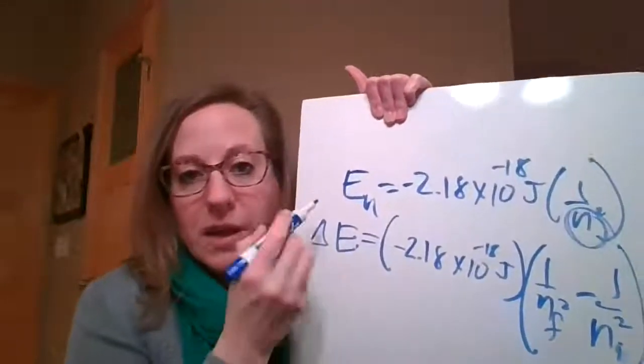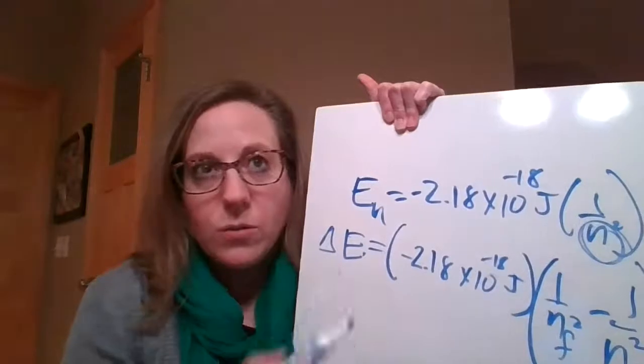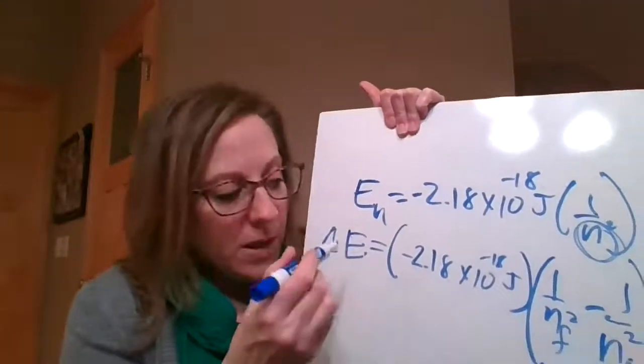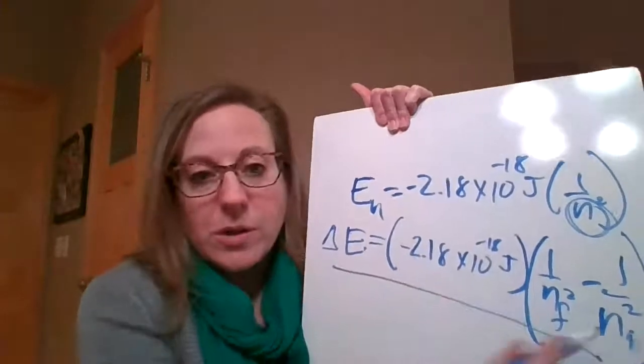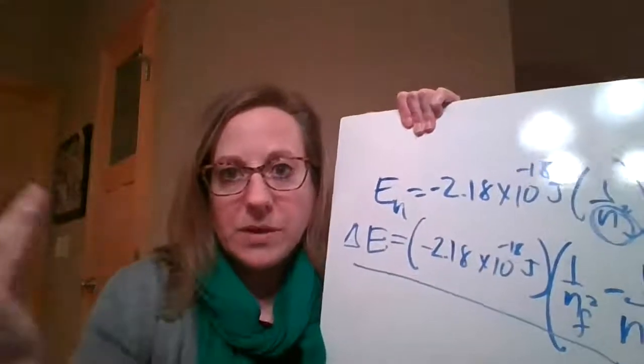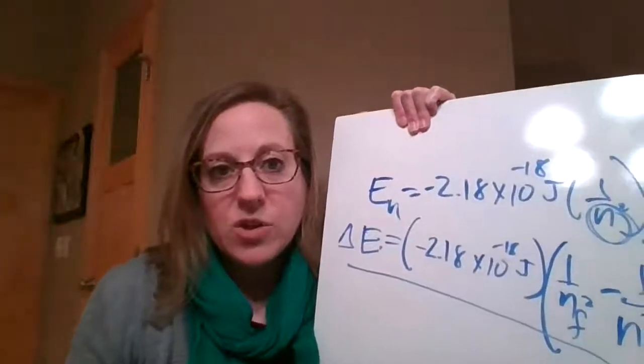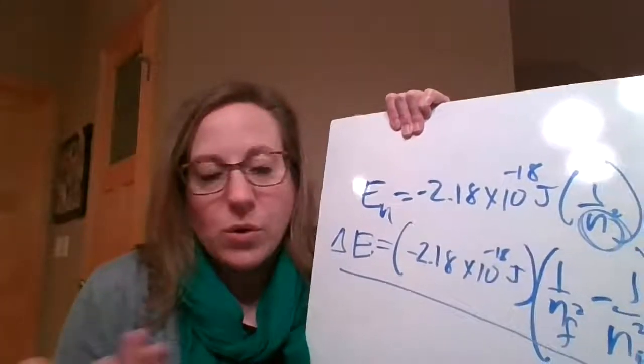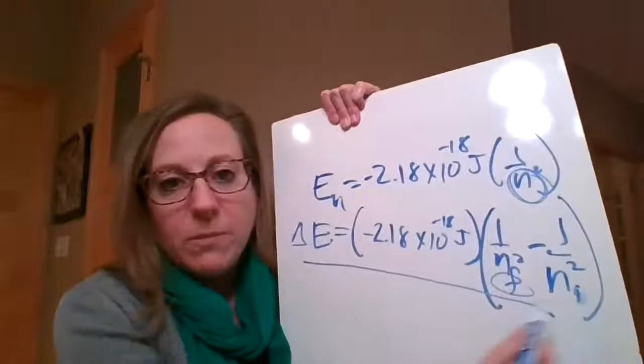Instead of the first equation, where you can figure out the energy of a specific energy level, this second equation is for an electron that's making a transition from the second shell to the fifth shell, or the sixth shell down to the second shell, and so forth, where you have an initial and a final.